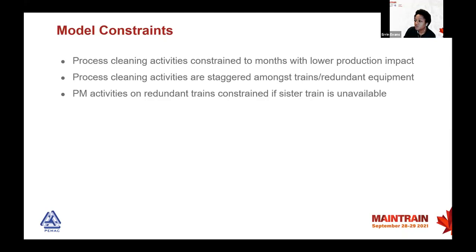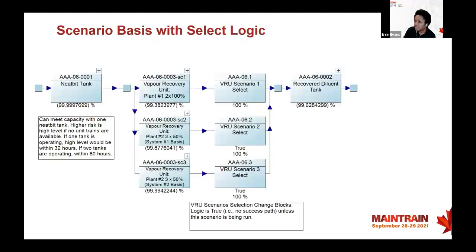So with that, I'm going to take you through some of the select logic details that were included. I mentioned that part of this project was making sure that what was turned over was something that could be stewarded by their reliability team. And so I looked at a number of different scenarios, 3 specifically, for their vapor recovery unit.